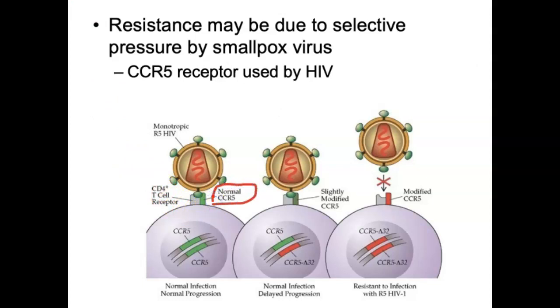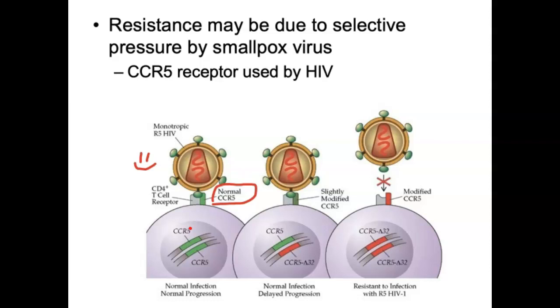So you're like, okay, do I have a CCR5 receptor? Well, if you do, HIV can identify your cell, it can attach to your cell, it can get into your cell, and then if you've been exposed to HIV, you now have an HIV infection, you're HIV positive, you progress to AIDS, and unfortunately will most likely die.